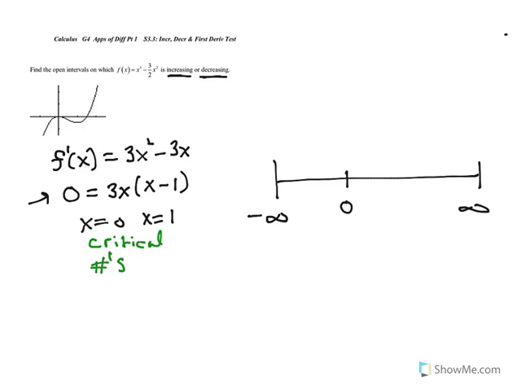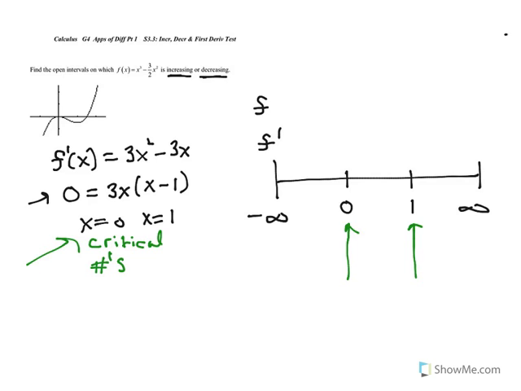And we have another place in the graph, a critical number at 1, where it could potentially change direction. And then we want to look at the values on f prime, and that's going to tell us what's happening on the original function f. So we know here at our critical numbers f prime is 0, since we just solved for that.